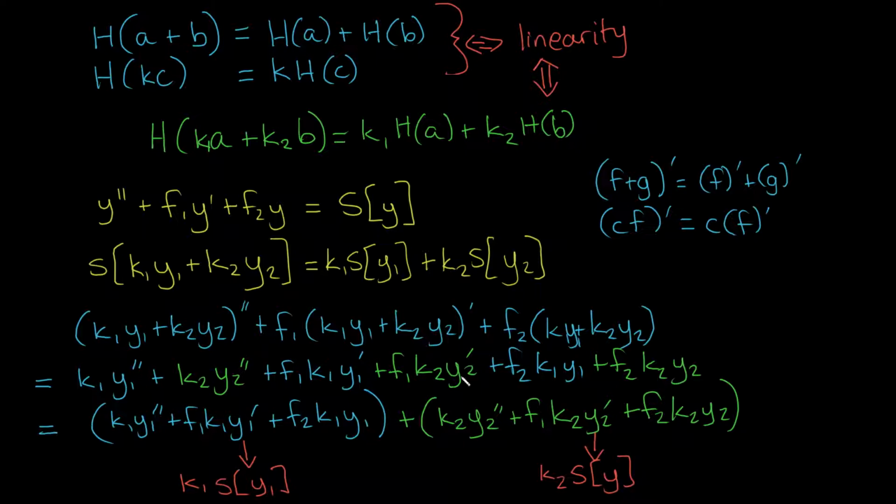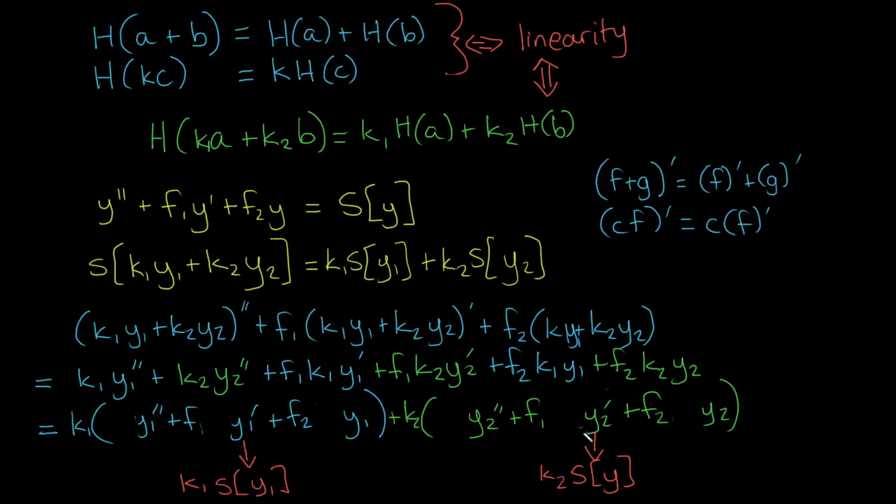Because again, what we can do now is we can say for each of these, we have a k1 on each of them. So we can factor out the k1 here. And here, we have a k2, so we can factor out the k2. And I guess I'll move this plus sign around so I have more space. Plus k2 times this.